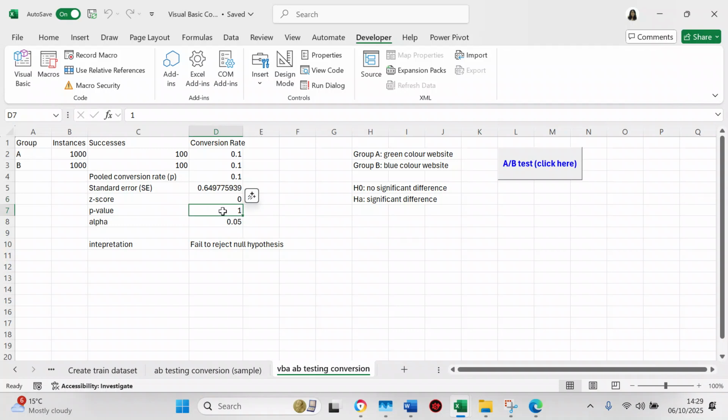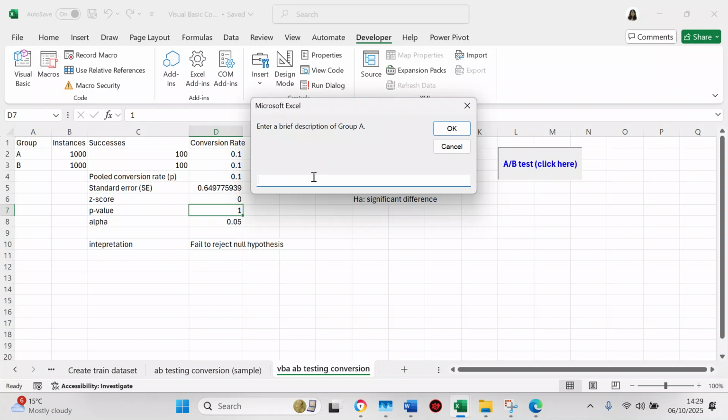So that's going to definitely fail to reject the null hypothesis. So let's try again, and we're going to say 100, and then 900.